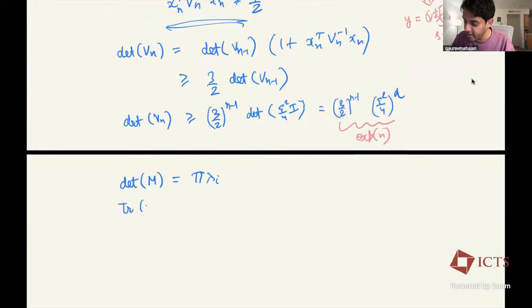And the trace of M is the sum of eigenvalues.